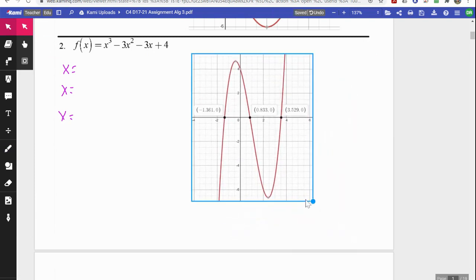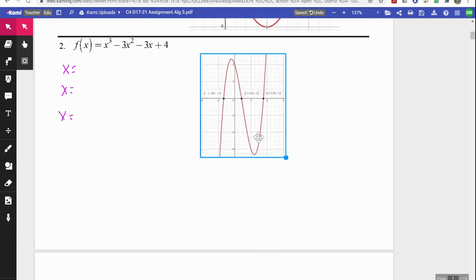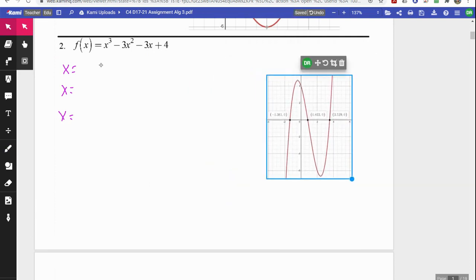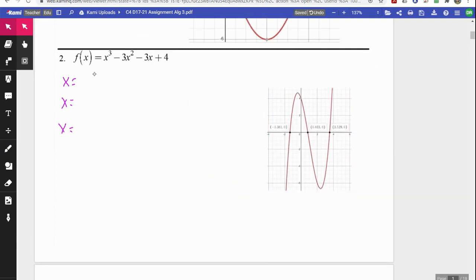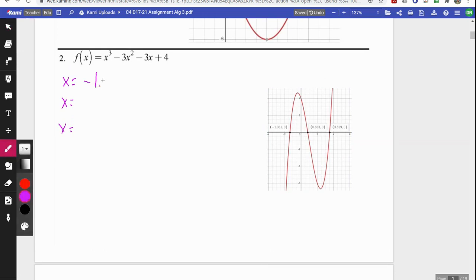And this is what it looks like. I just took a quick screenshot, so I don't have to tab over and copy them all the time. This would be negative 1.361, 0.833, and Desmos is automatically giving us it to the thousandths place, so that kind of works out.